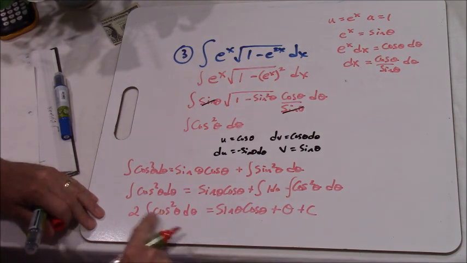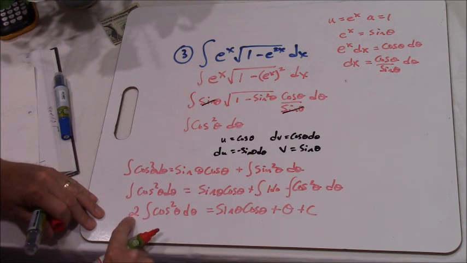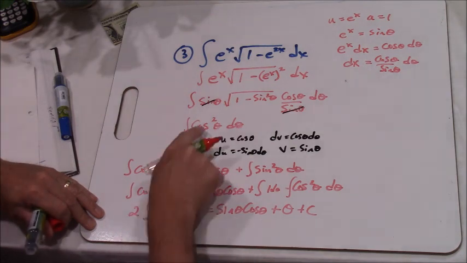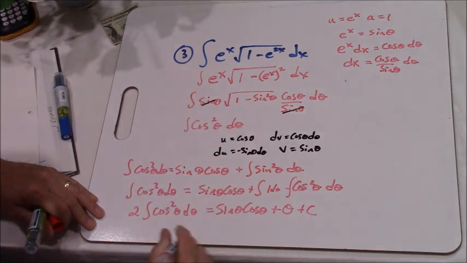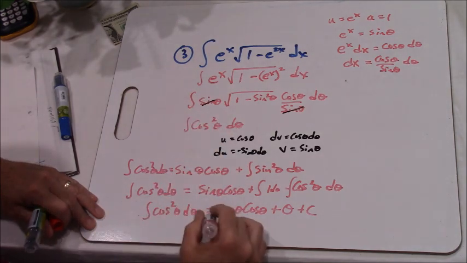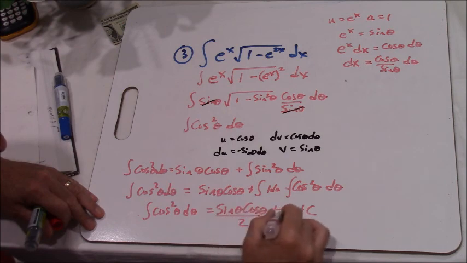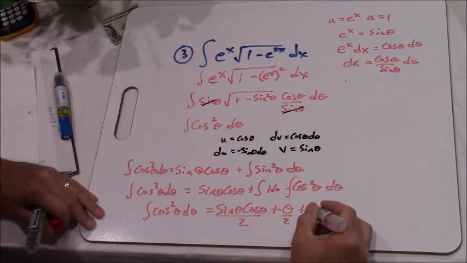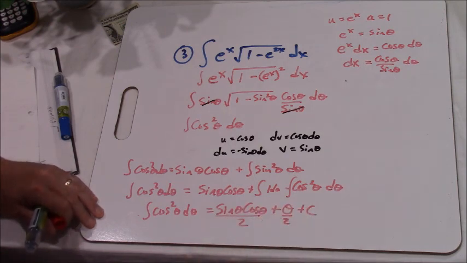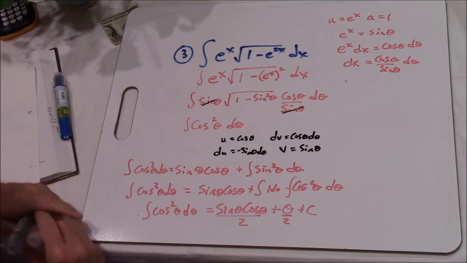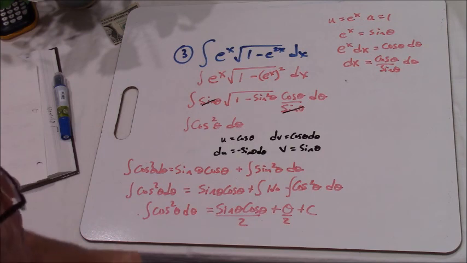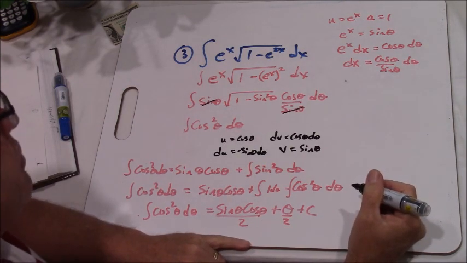Now if I get that integral of cosine squared by itself, by dividing by 2, that's what I was trying to solve for. So I'll just say I've got that divided by 2 and that divided by 2. A constant divided by 2 is still a constant. And now we just need to convert back to x's.